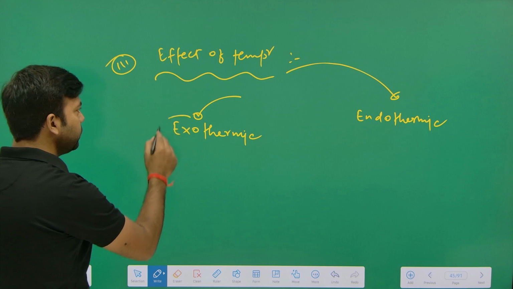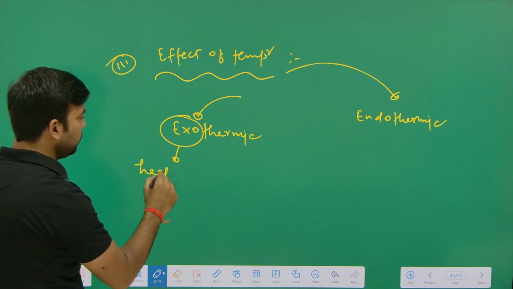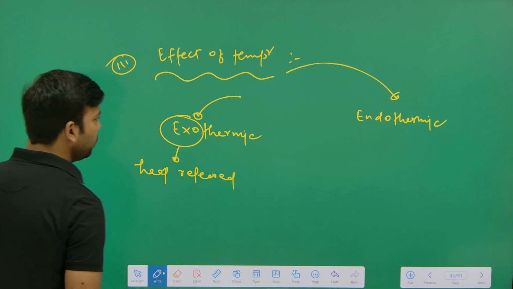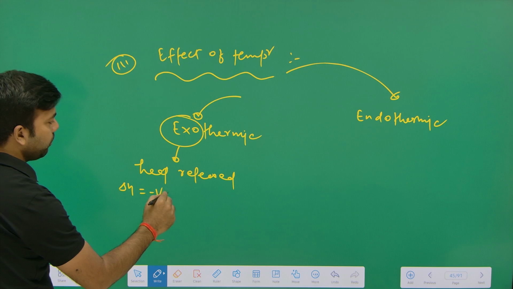Exo means heat will always be released. Heat released. So the enthalpy sign, delta H, will always be negative.